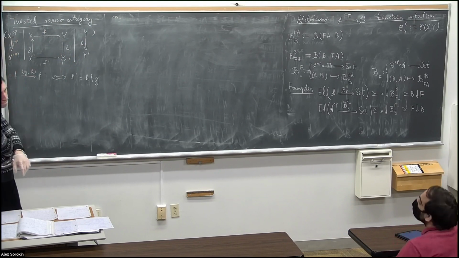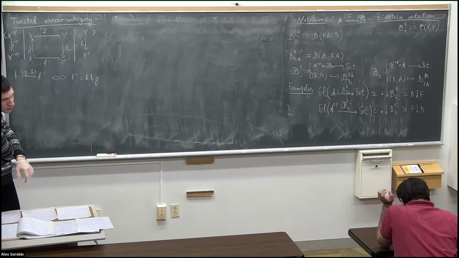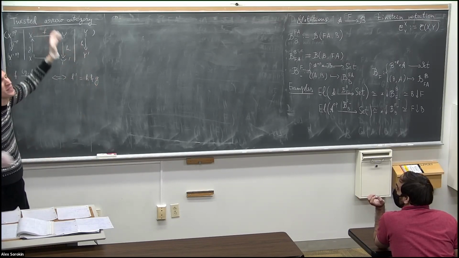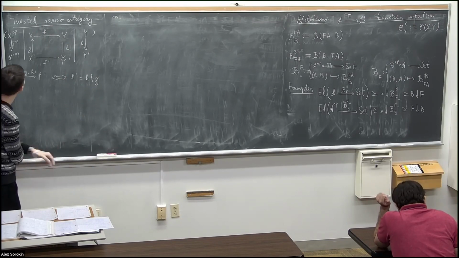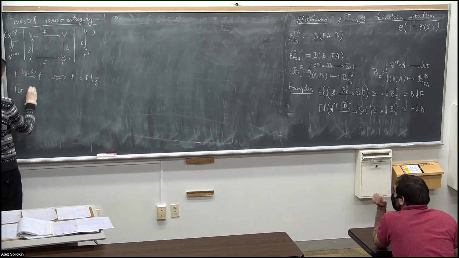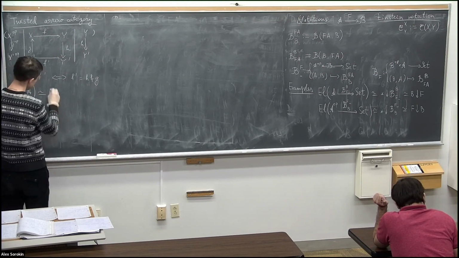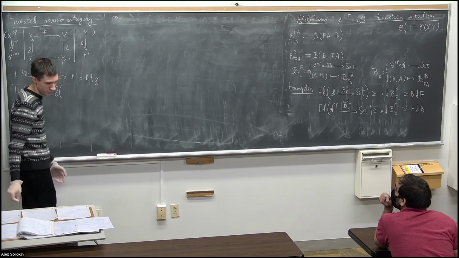I'm not defining it as a comma category. I will define it as a category of elements, and the category of elements is like a comma category. So this arrow category is isomorphic to the category of elements of hom.